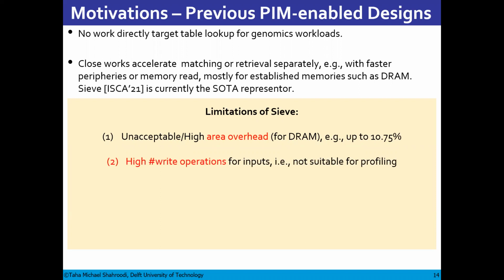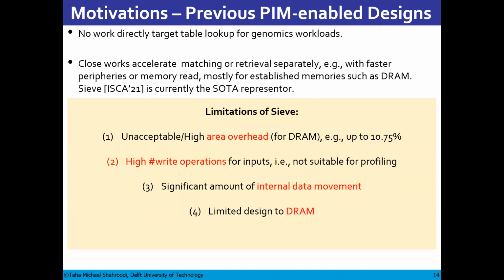Second, Steve incurs a high number of write operations due to the duplicate inputs that the design requires for matching. Third, Steve has a significant amount of internal data movement, exacerbated in taxonomic profiling due to the large data set it works with. Finally, Steve is only applicable to DRAM, and none of the existing or future emerging memory technologies can benefit from its idea.